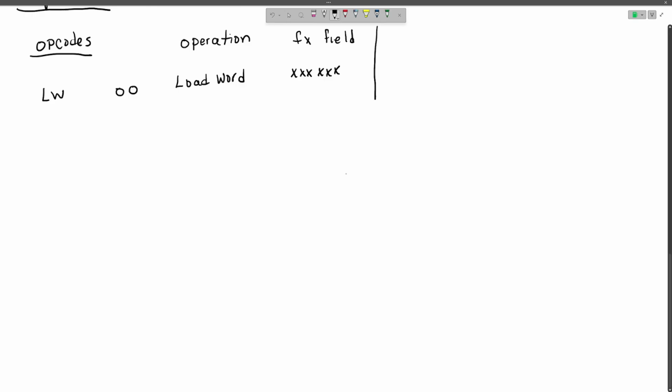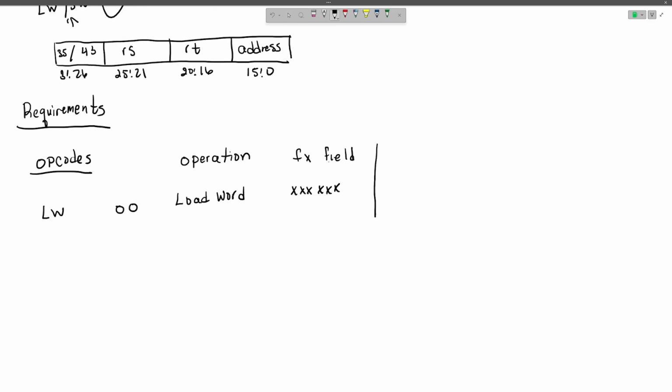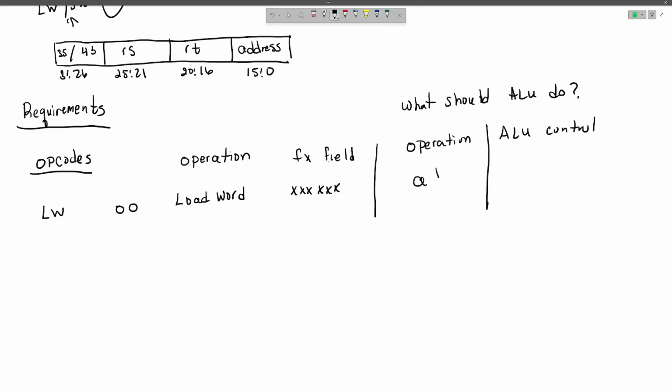And now we want to talk about what we want the ALU to do. Well, in the load word, we want our ALU to add.